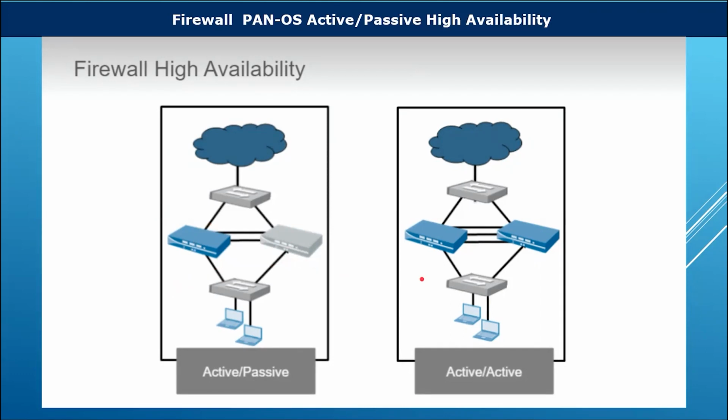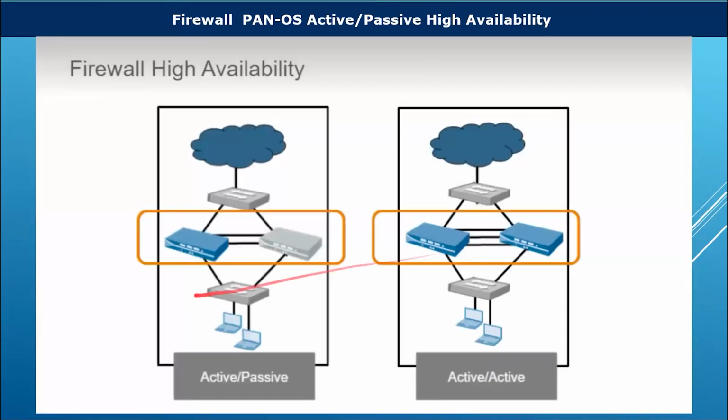Active active means we will configure both firewalls as active. 50% traffic will be forwarded through firewall 1 and 50% to firewall 2. This is possible, but guys, this is very complex to deploy. We can deploy it, there is no problem, but it's very complex to deploy and very tough to troubleshoot.